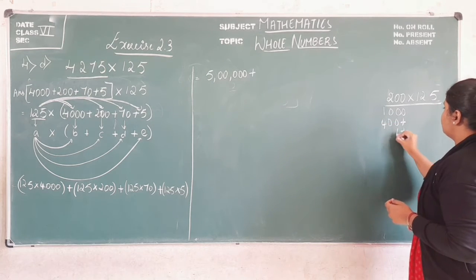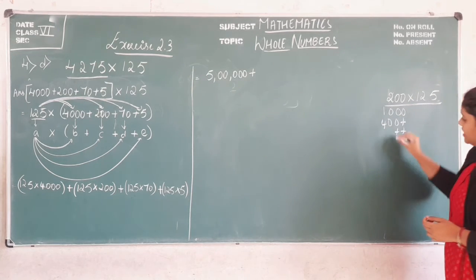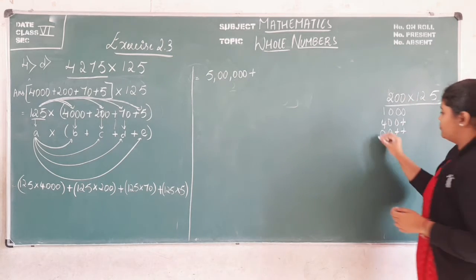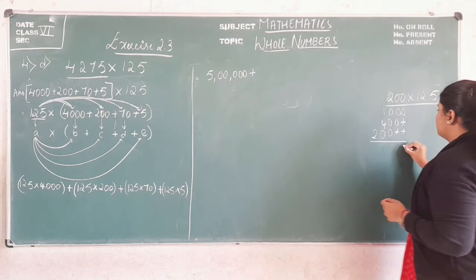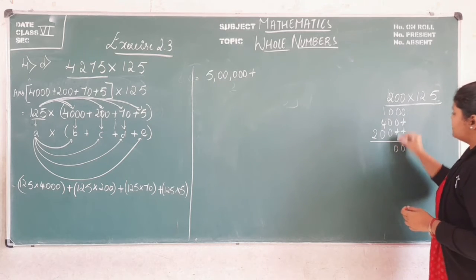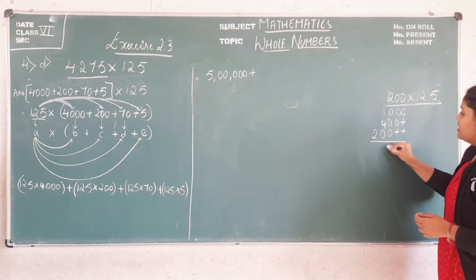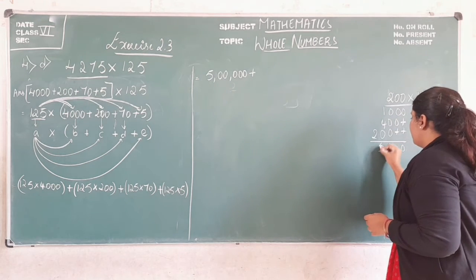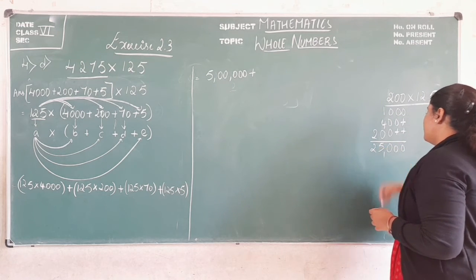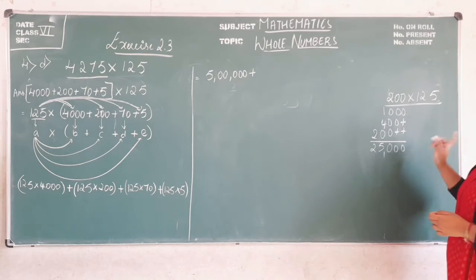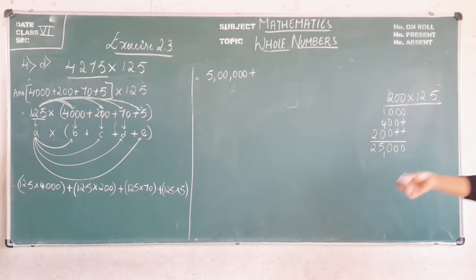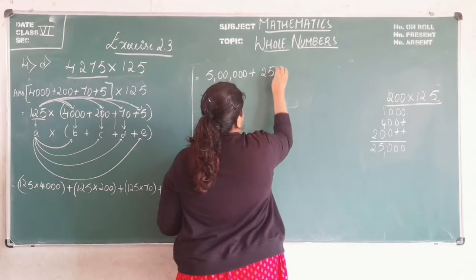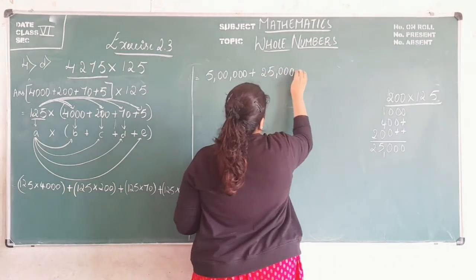Then plus. Then 1 zero is 0, again 1 zero is 0, then 1 two is 2. So 0 plus 0 is 0, again 0 plus 0, 0. What is 1 plus 4? 5. Then 2. So we got 25,000. When I multiply the second bracket, I got 25,000 as the product.